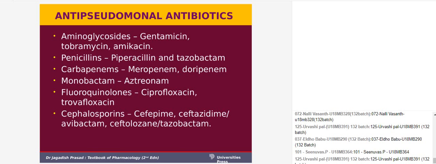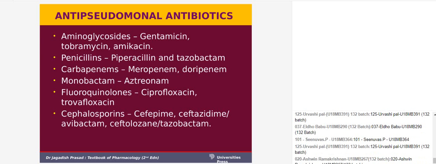Cephalosporins are beta-lactam antibiotics with a 7-aminocephalosporanic acid nucleus. So the mechanism of action and the development of resistance are similar to that of penicillins. Like penicillins, cephalosporins also inhibit the synthesis of the bacterial cell wall and produce a bactericidal effect. Cephalosporins have been divided into five generations. We have seen the first, second, third, fourth and fifth generation.